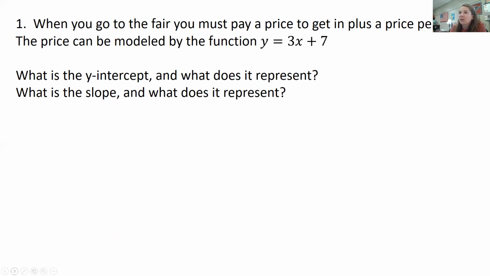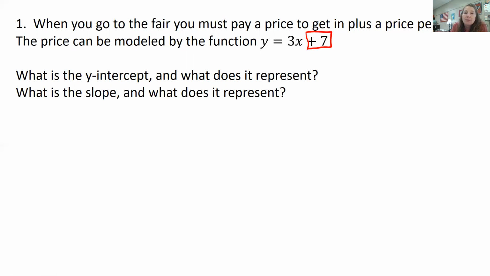All right, so let's look at this question because you'll have one pop up this week. When you go to the fair, you must pay a price to get in plus a price per ticket. The total amount of money you pay can be modeled by the function y = 3x + 7. So what is the y-intercept and what does it represent? The y-intercept is (0, 7), right?